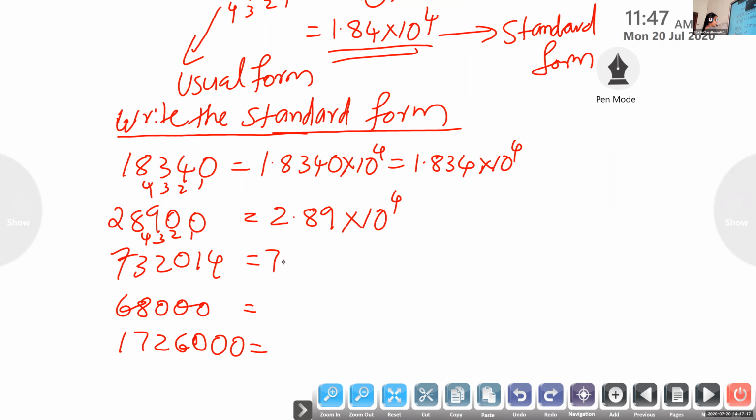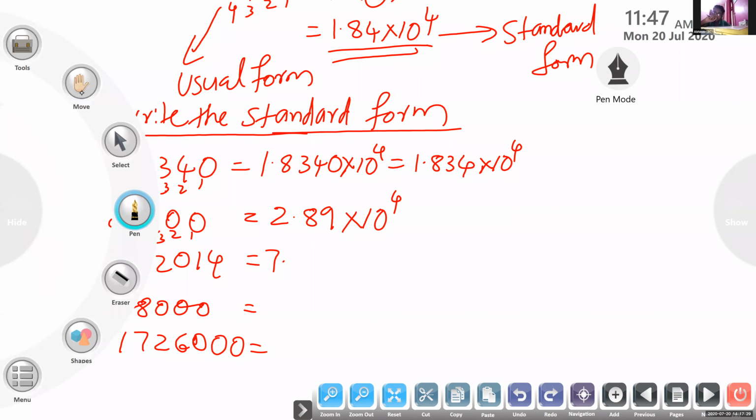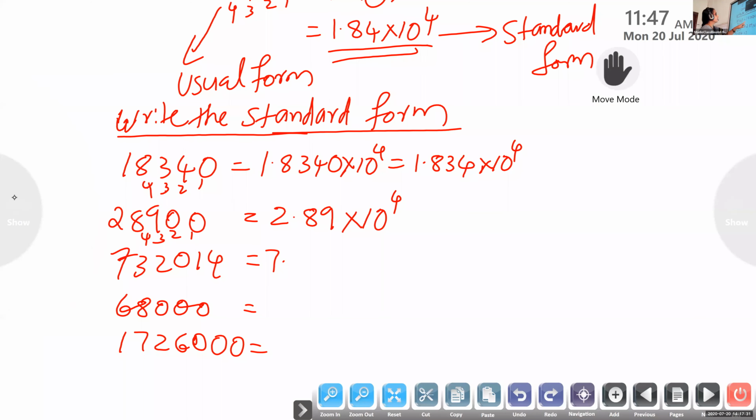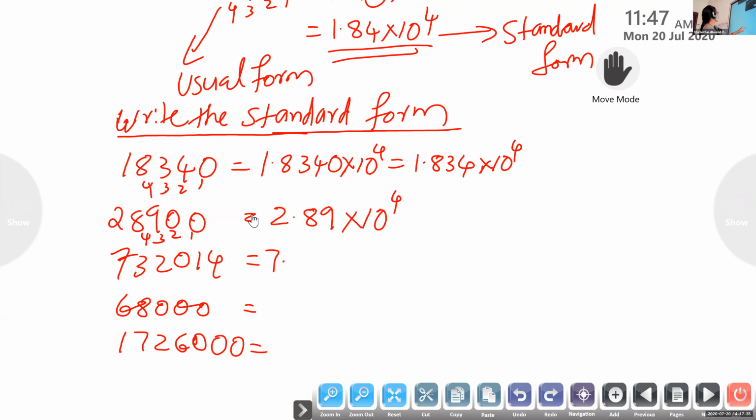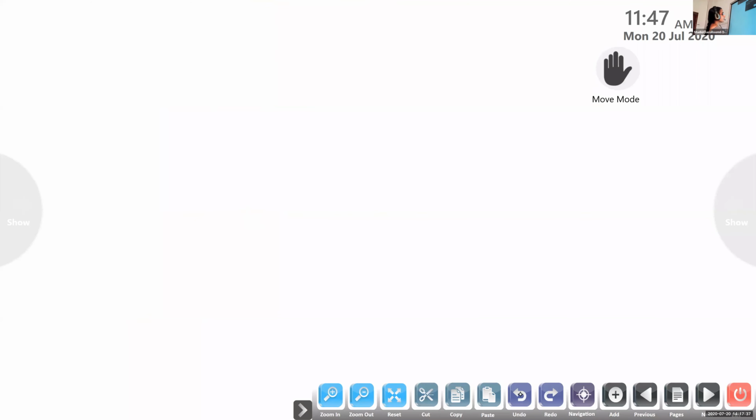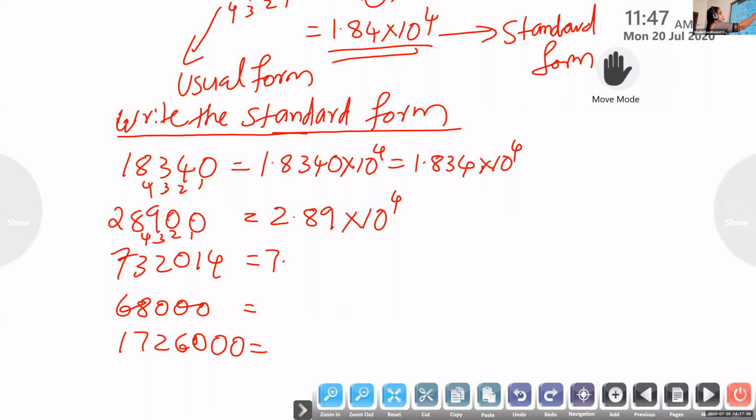Ma'am, can you show the last problem? Which one? Last one I didn't do. I'm going to do. Who is asking this? Abhinav. Okay, I will check. Ma'am, you show that one.